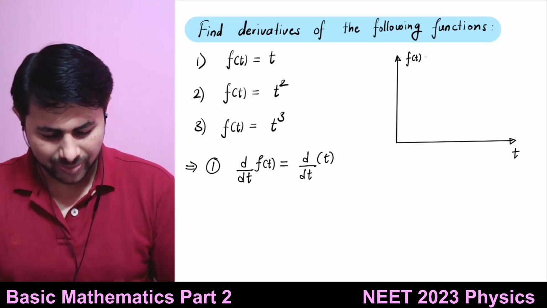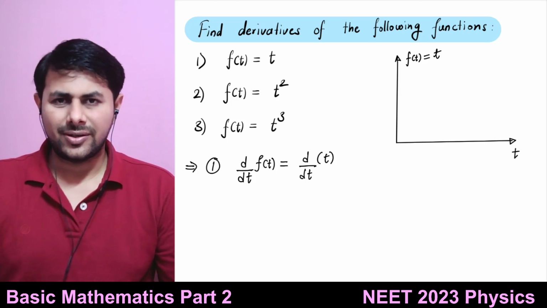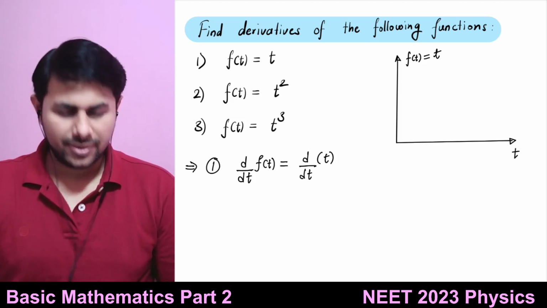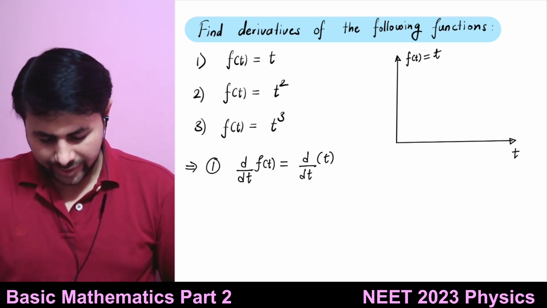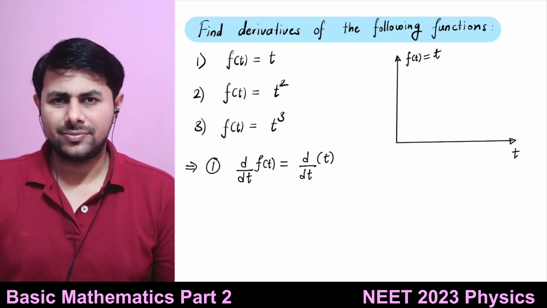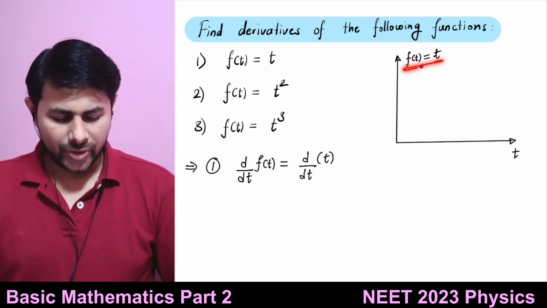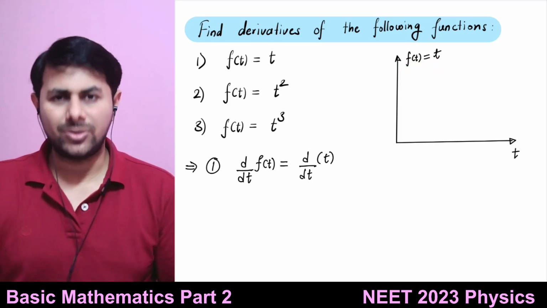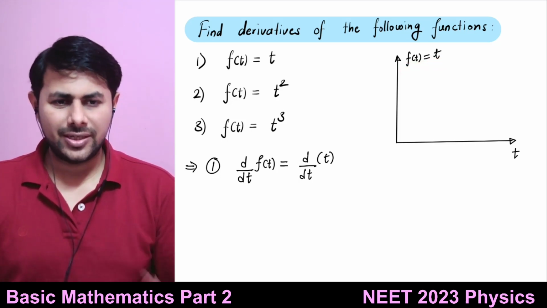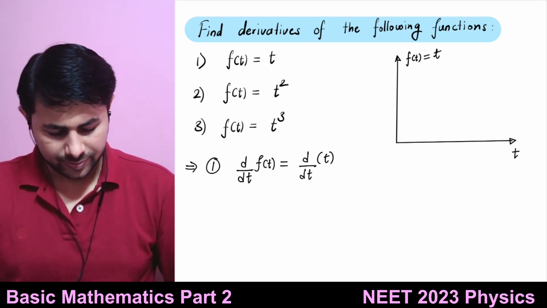So what is f of t? It's t, in this first example. When t is 0, f of t is equal to 0.